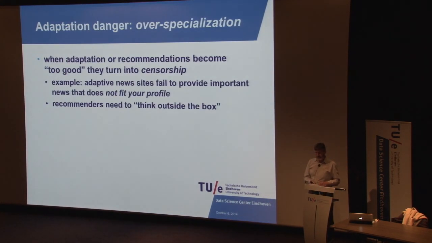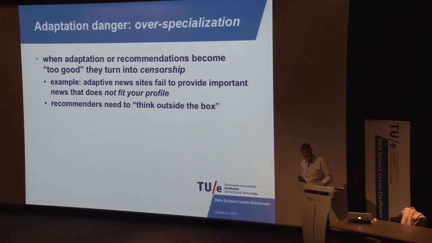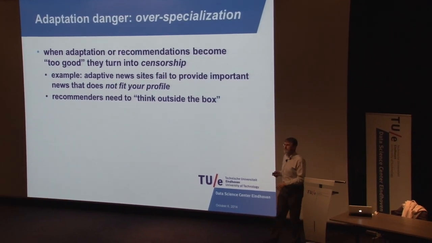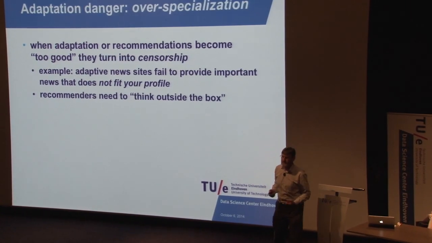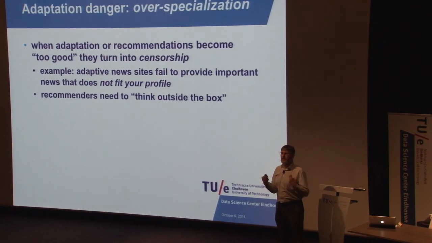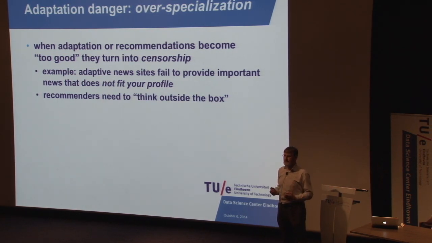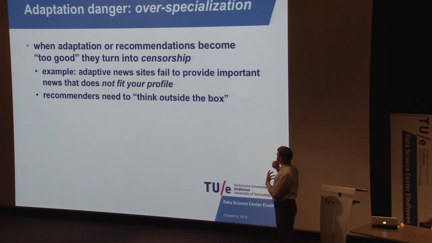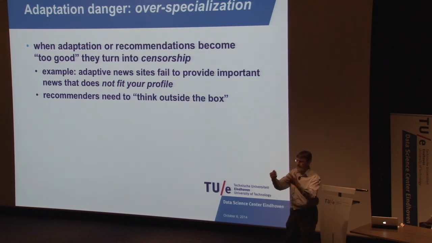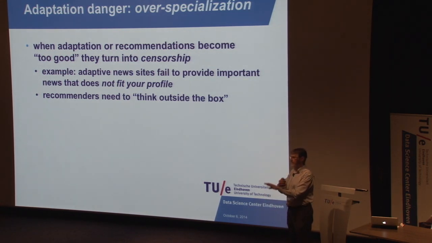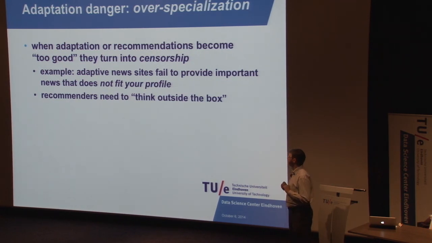Adaptation also involves a danger of what we call over-specialization. Recommender systems and adaptive systems become better and better at doing exactly what you want. Like a news filter becomes much and much better at only showing you what fits your profile and at leaving out everything else.